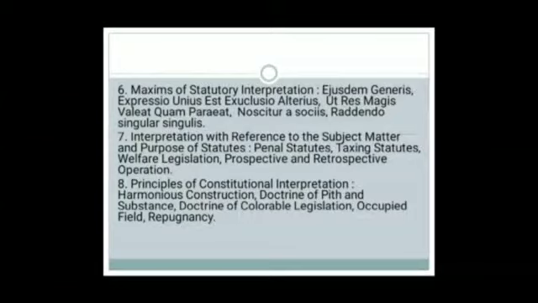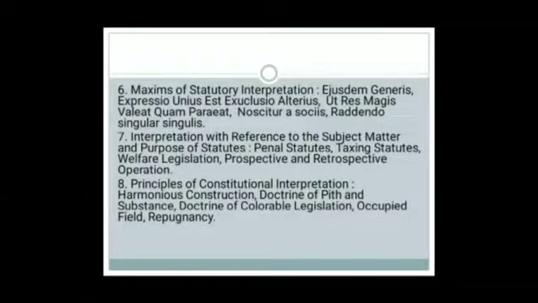We'll understand it. Basically, construction refers to drawing a conclusion from any written text which cannot be expressed, which is beyond the outright expression of the legal text.